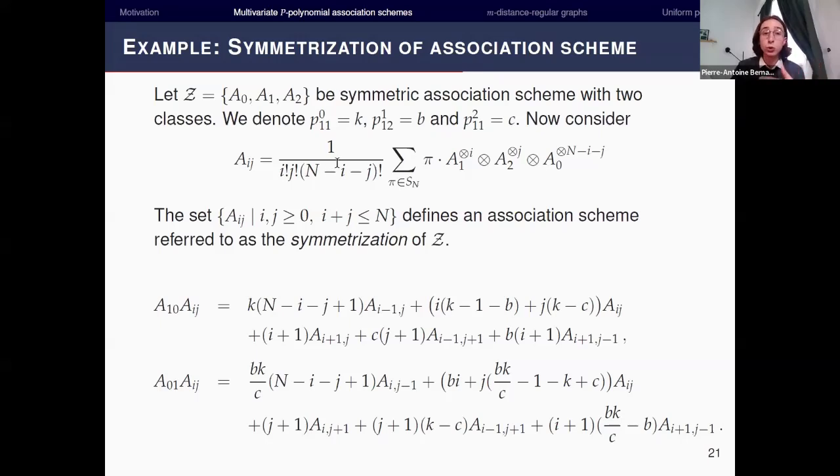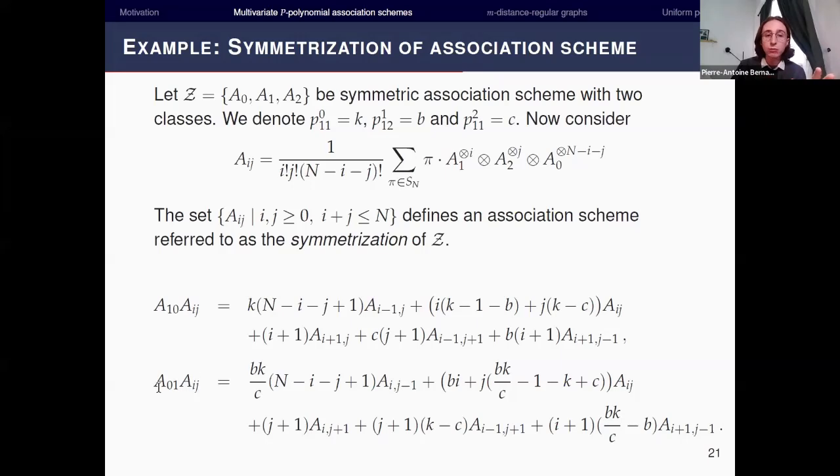If you do this construction and you use the relations that you know between A0, A1, and A2, because you know that they form an association scheme, you can show that the A_ij also form an association scheme. You can also find some of the relations in their Bose-Mesner algebra. You can show that A_10 times A_ij gives you a sum over A_{i-1,j}, A_ij, A_{i+1,j}, A_{i-1,j+1}, and A_{i+1,j-1}. So you only have some of the terms. You don't have all the A_ij that arise.